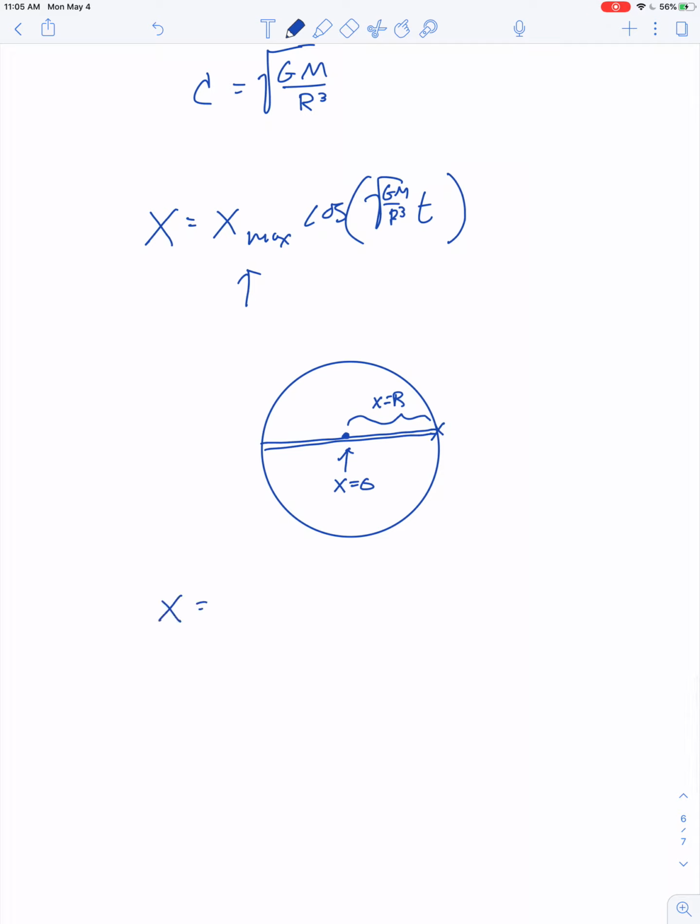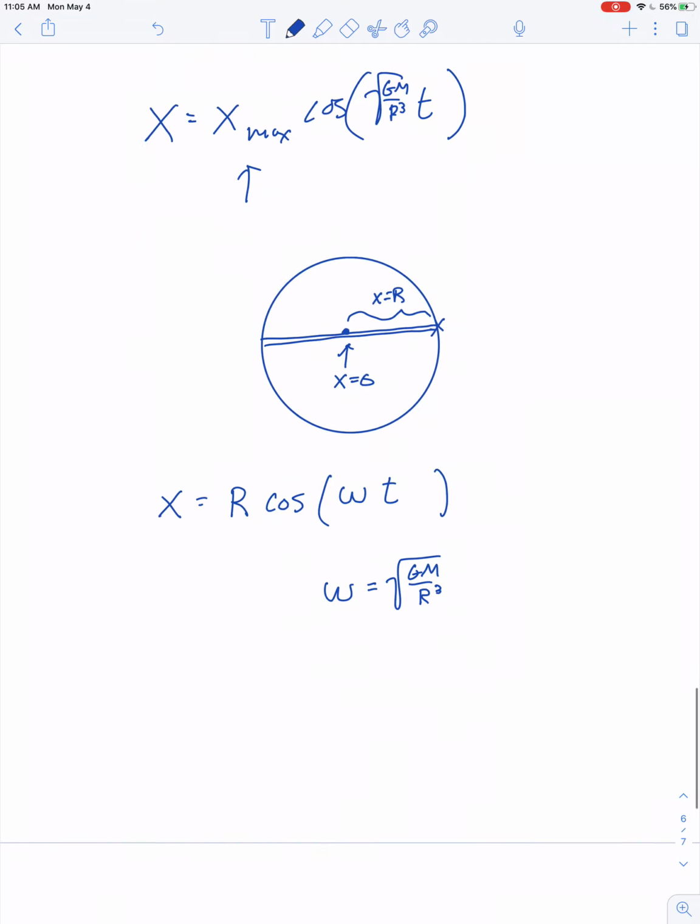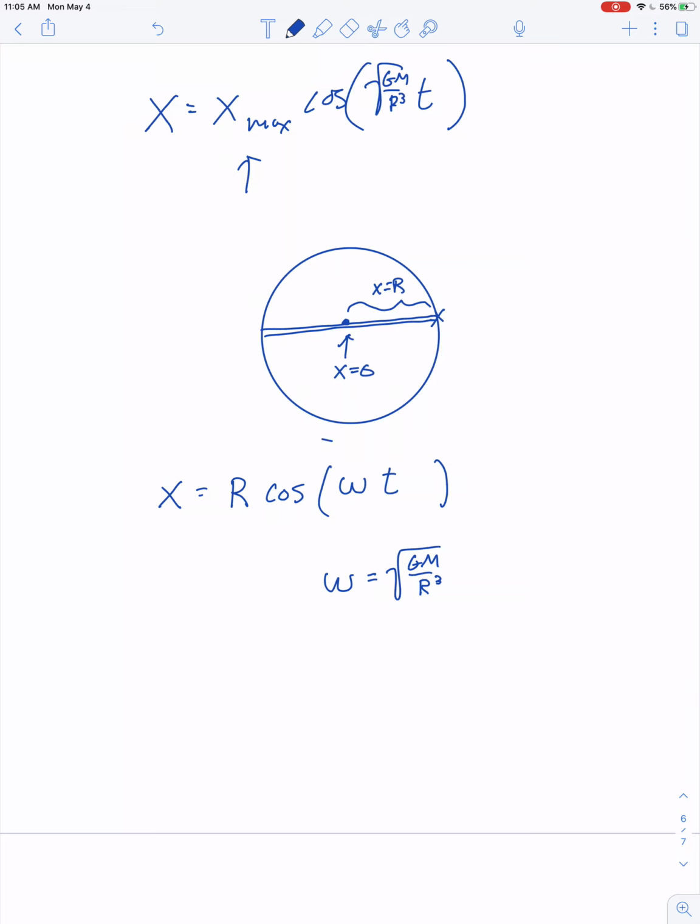If position as a function of time is described by this equation, radius of the Earth multiplied by cosine of, here I'm going to change the language here and say cosine of omega t, and now this is only valid so long as omega is equal to the square root of gm over r cubed, then we've done it.